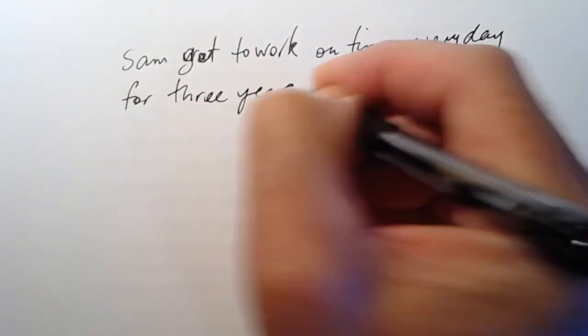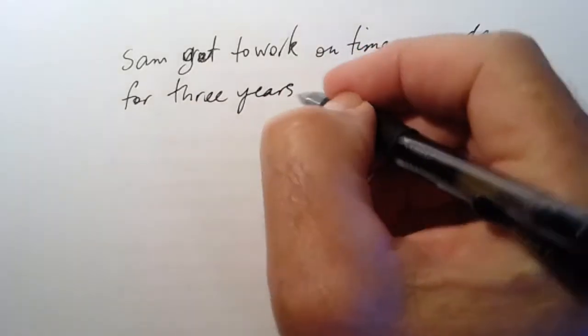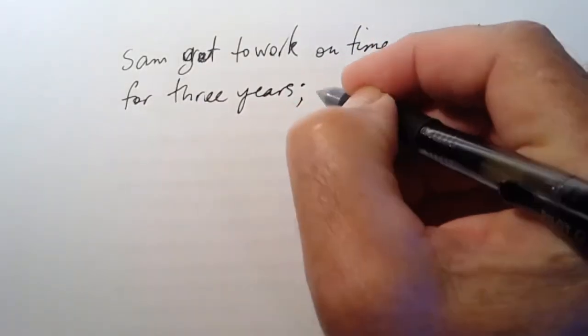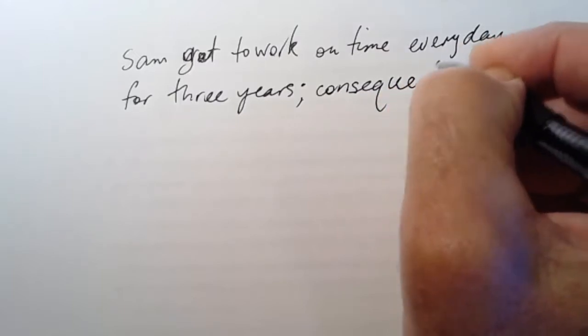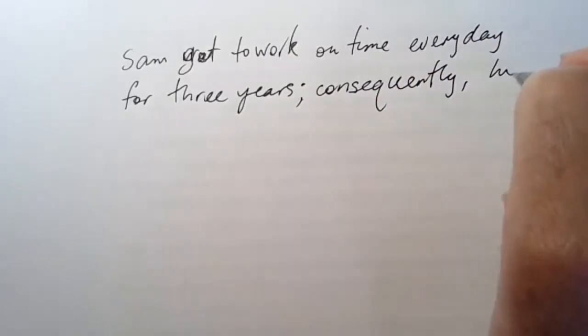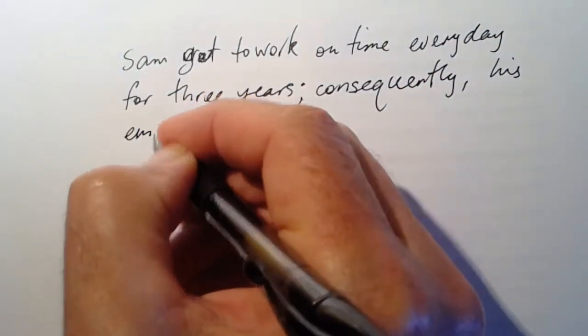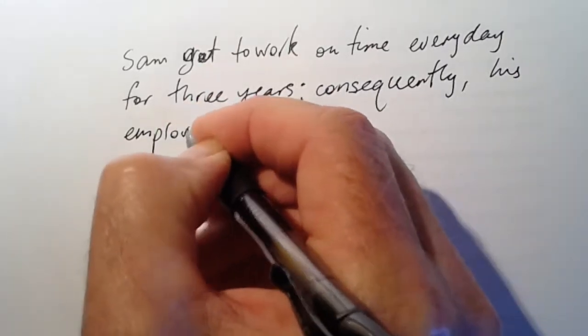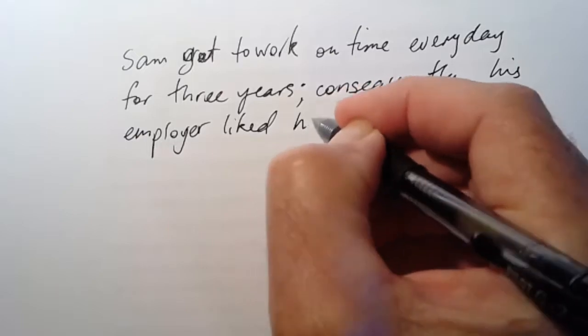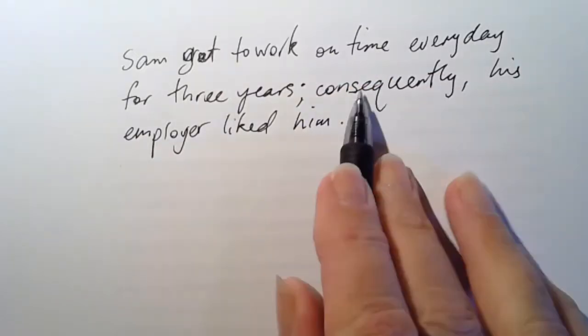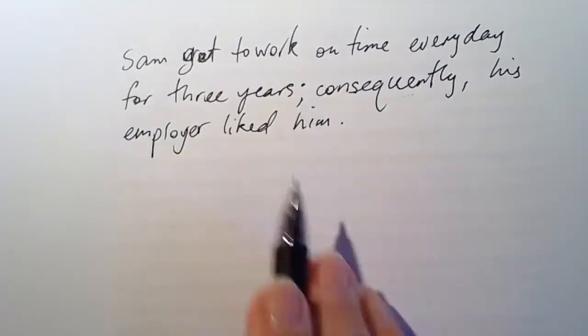Sam got to work on time every day for 3 years. Consequently, his employer liked him. So here we have a transition phrase and a semicolon.